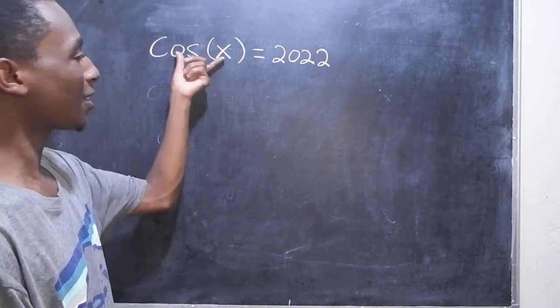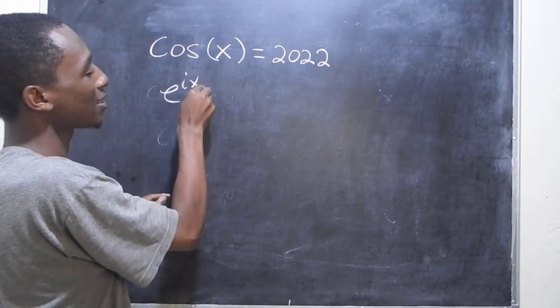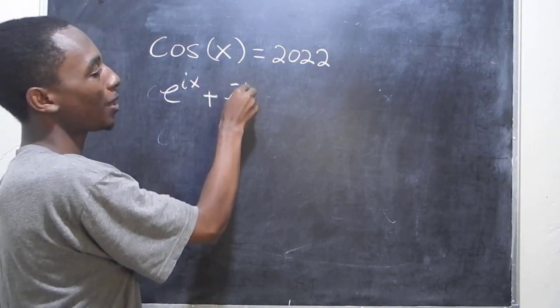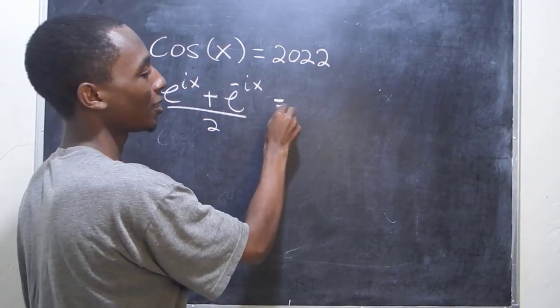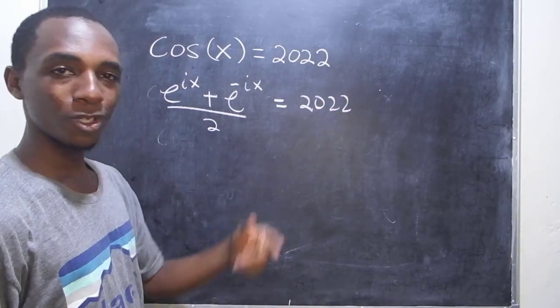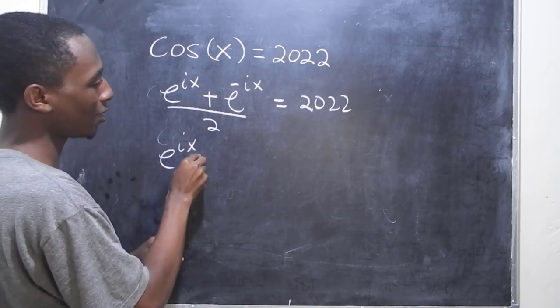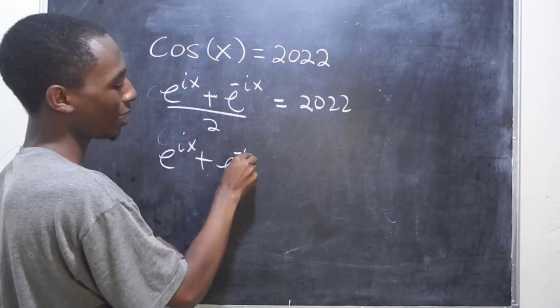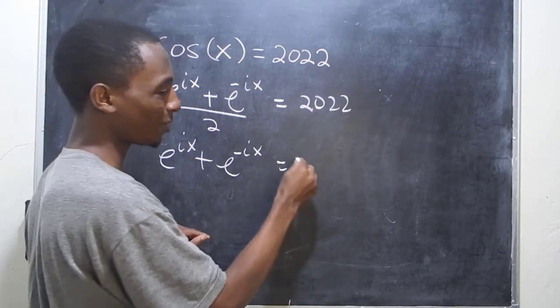Okay, so we are back. Instead of cosine x, I'll just write that as e to the power ix plus e to the power minus ix, all this divided by 2 equals 2022. I'll just multiply 2 on both sides, so I'll have e to the power ix plus e to the power minus ix equals, that's going to be 4044.